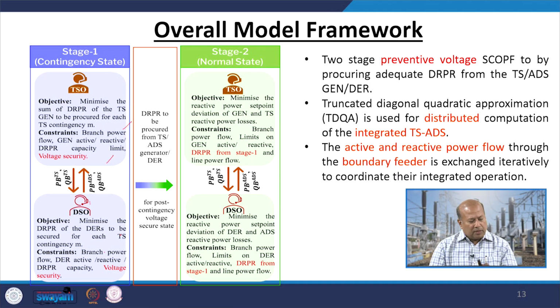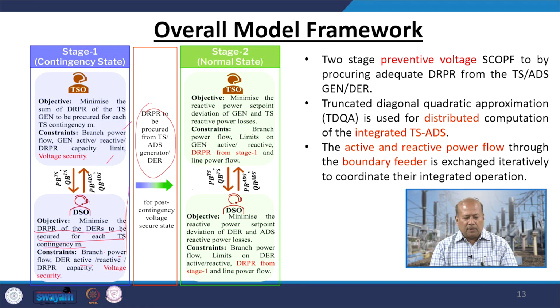In case of DSO, the objective is to minimize the DRPR of the DRs to be secured for each transmission system contingency with the constraints of power flow, DR active reactive DRPR capacity and voltage security. So, all this information, the DRPR to be procured from the transmission system and ADS generator or DRs, will be provided to stage 2 for the post contingency voltage secure system.